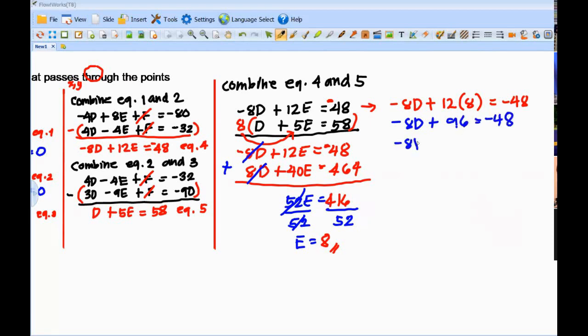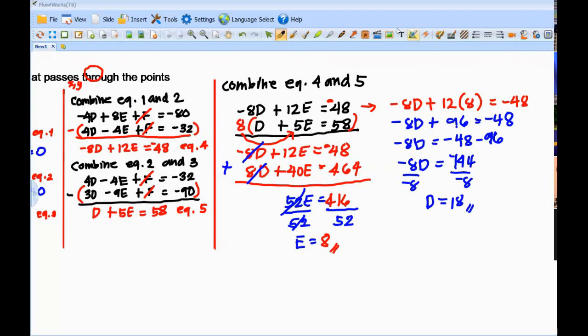So -8D equals -48 minus 96. So -8D is equal to... is it 48 plus 96? It's 144. So therefore divide by -8. So 144 divided by 8 is 18. So that's the value of our D.